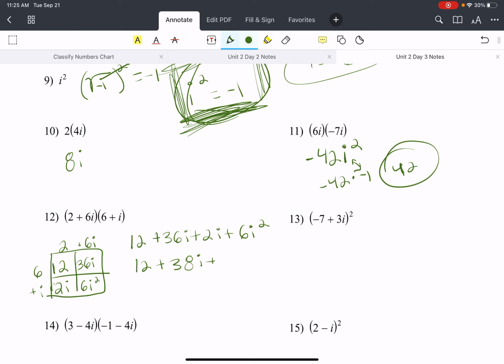The 12 and the 6 are actually like terms, because i squared is negative 1. So it's really 12 plus 38i minus 6. Is that just what it is? Well, no, because now I have to combine my like terms. 12 minus 6 is positive 6.